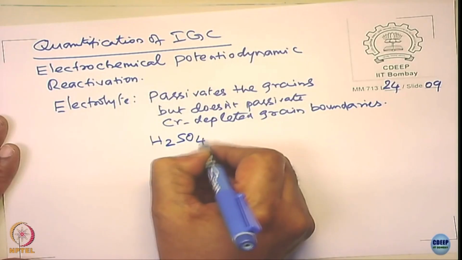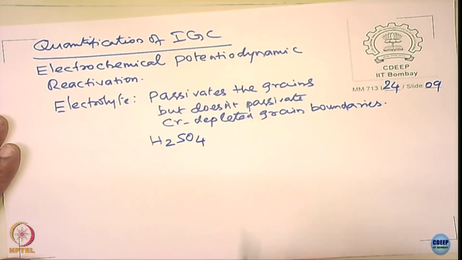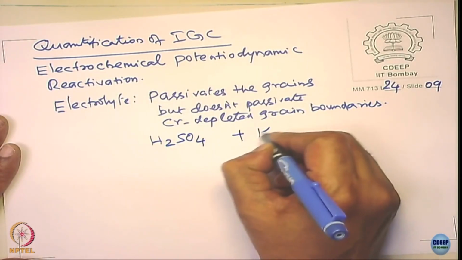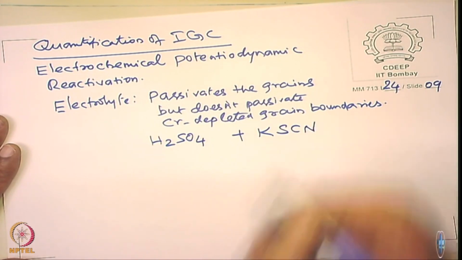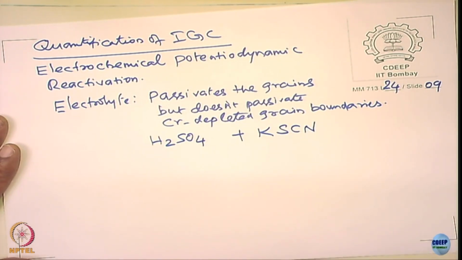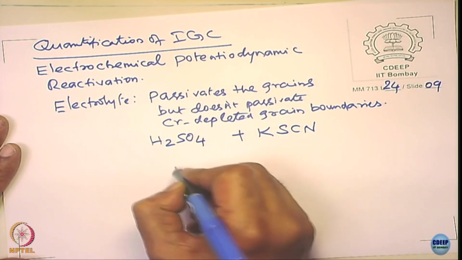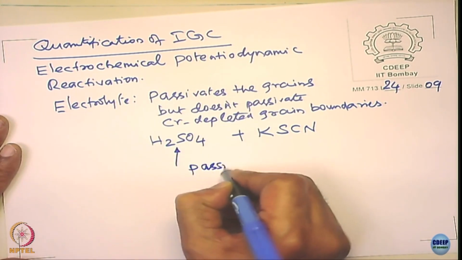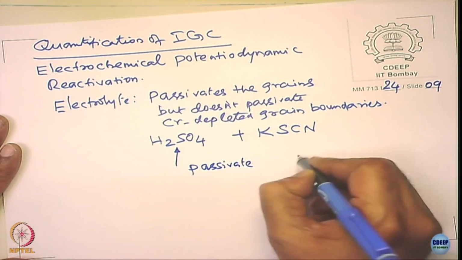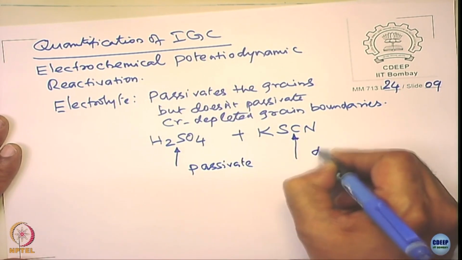Now the electrolyte has two components, one is sulfuric acid, other is potassium thiocyanate. Potassium thiocyanate is given, right. This one is to passivate, this is to depassivate.